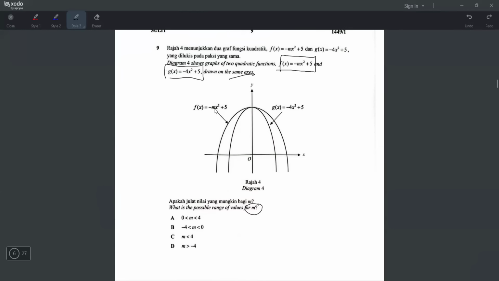All right, you can see m is actually the value of a. It's the value of a, right? So we all know that the a determines the what? Shape and width of the parabola, or you can say of the graph. Okay, yeah, the a determines the shape and the width of the graph.